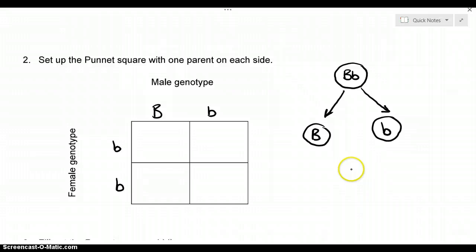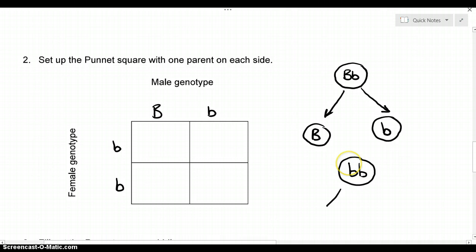If we look at the other one, obviously we will find the following. That both reproductive cells will have the recessive gene. Good.